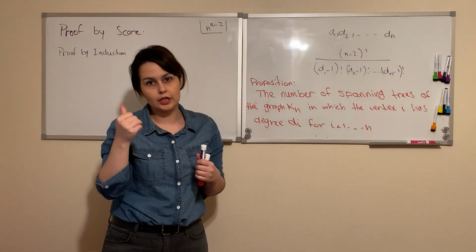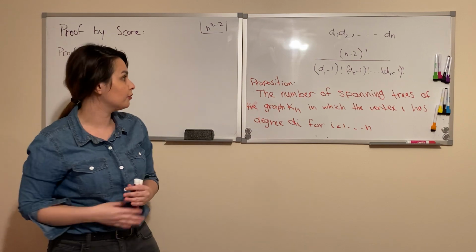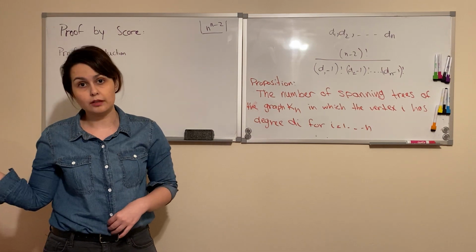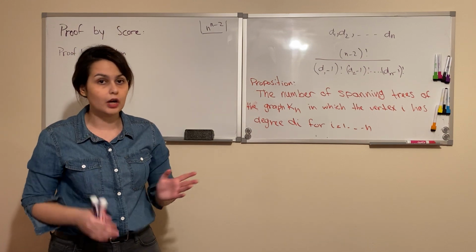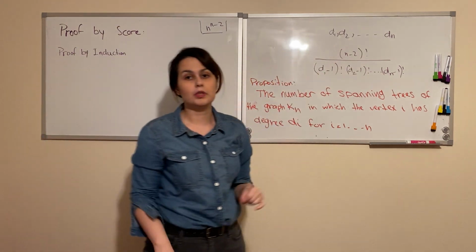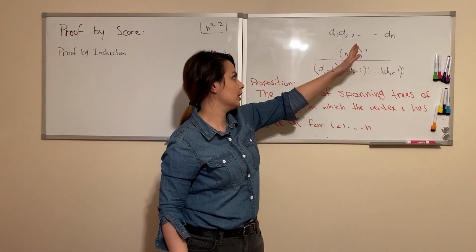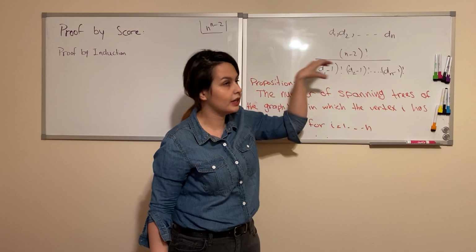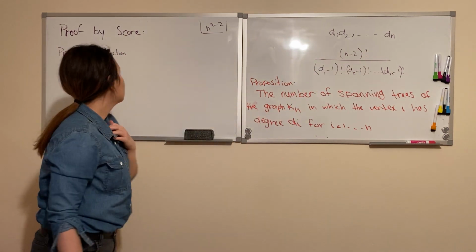And I assume in my induction hypothesis that the statement is true for K_{n minus 1}. So for a complete graph of size n minus 1, we believe that the statement is correct. So for n minus 1, it will be (n minus 3)! over that sequence with n minus 1 degrees.